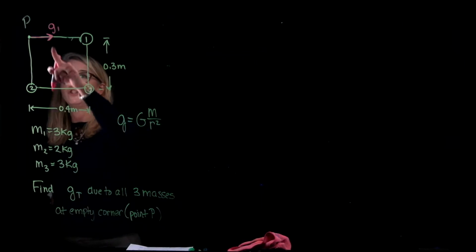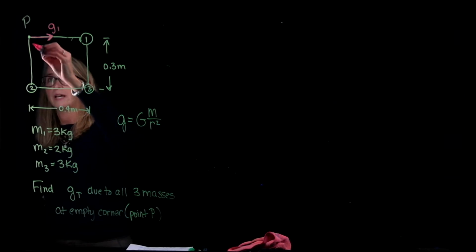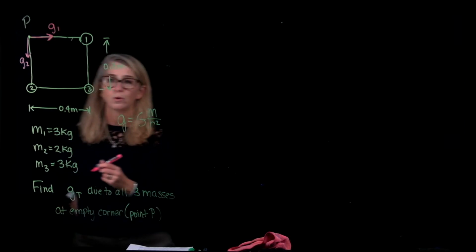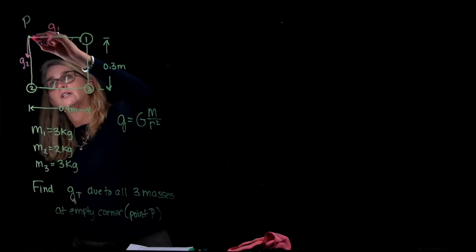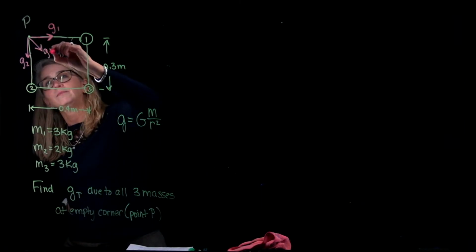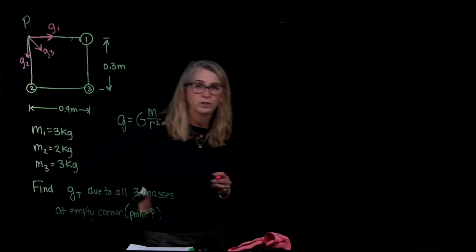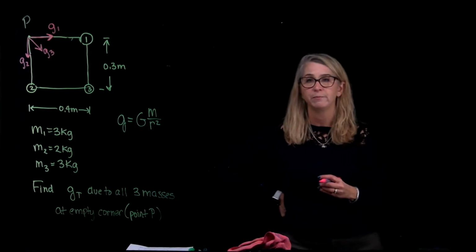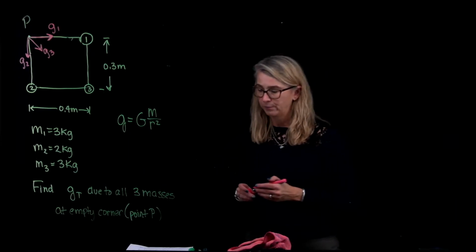So G1 is going to go towards mass 1. G2 is going to go towards mass 2. And then G3 is along the line that joins point P and mass 3, so it's at that diagonal.